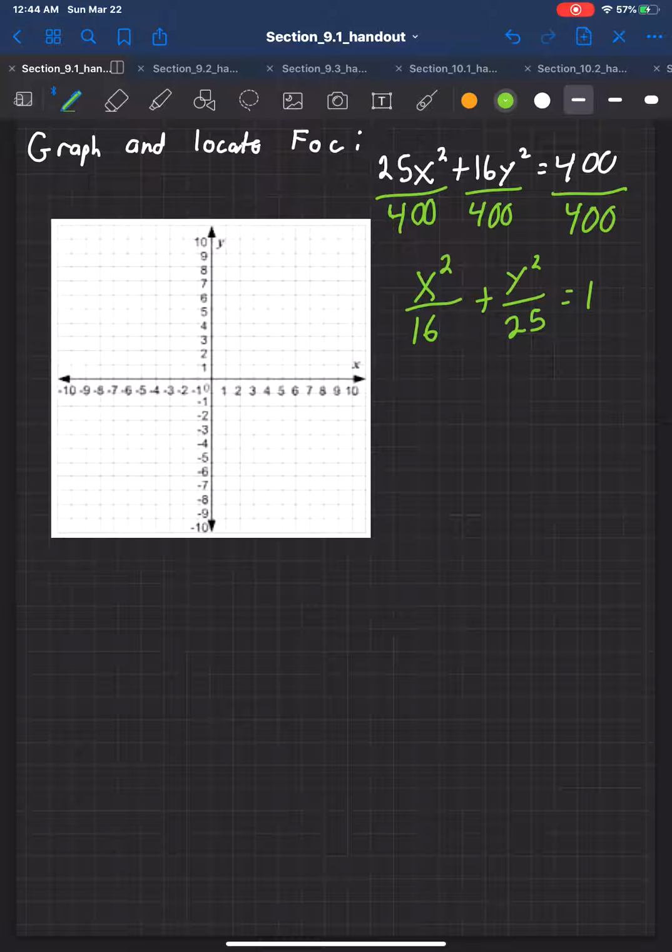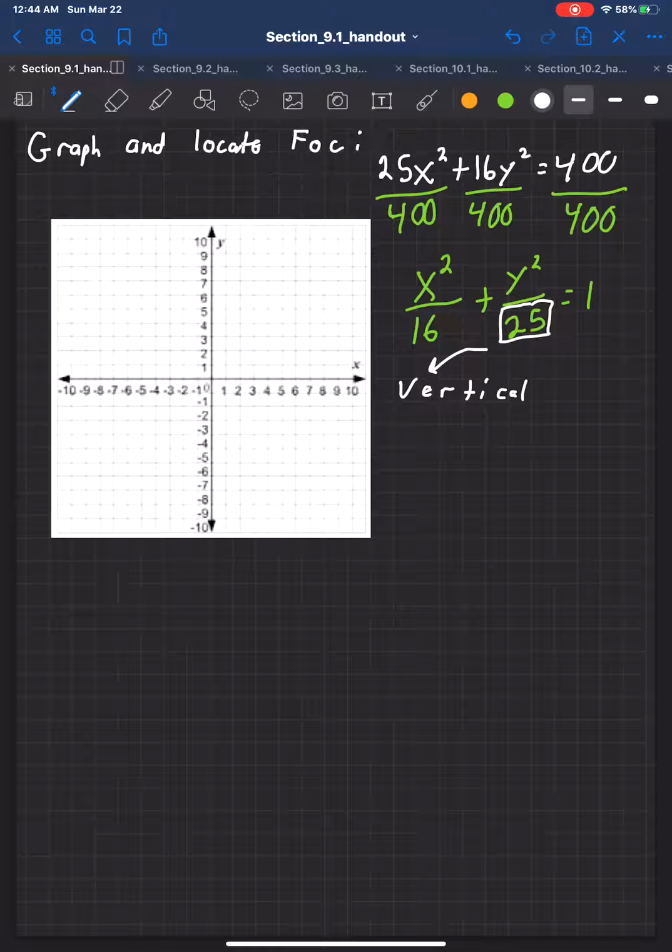Now, if you wanted to, you could pause the video and try it on your own, see how you do. I'm going to assume that you already did that, and I'm going to go ahead and get started. So let's agree the larger denominator is under the y. This is telling us this is a vertical ellipse.